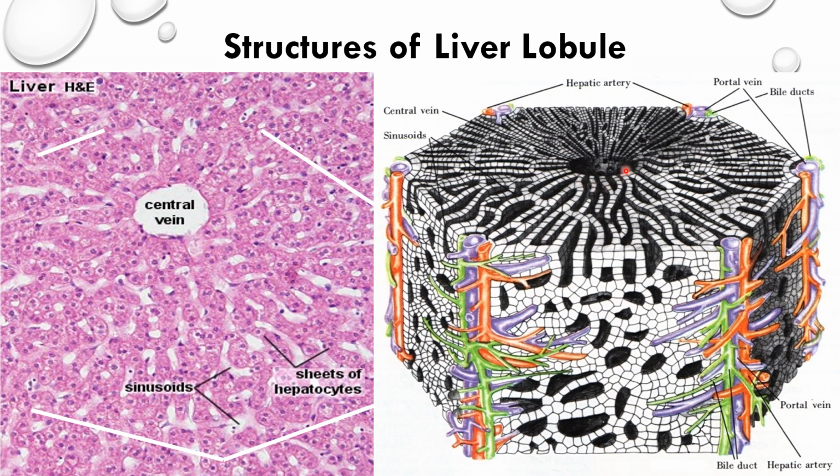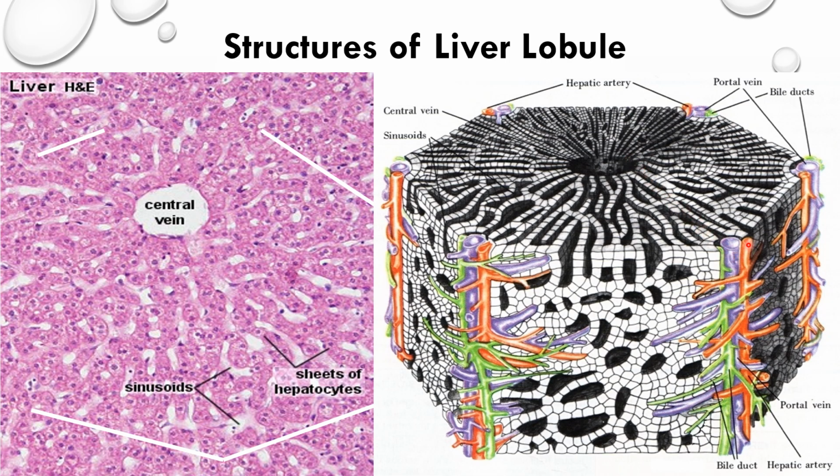The central vein, and this is the hepatocytes, the most important liver cell, and in between that are the sinusoids, from where the portal vein reaches the central vein through the sinusoids.